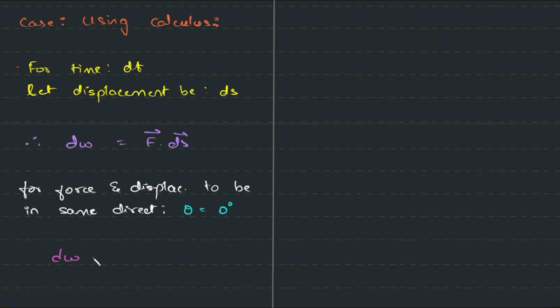Therefore, dW is equal to ma ds cos 0, right? Then we have m dv by dt ds. Then if I rearrange this, I'll get velocity. How do I get velocity? I'll just write this, and this expression is nothing but your velocity.